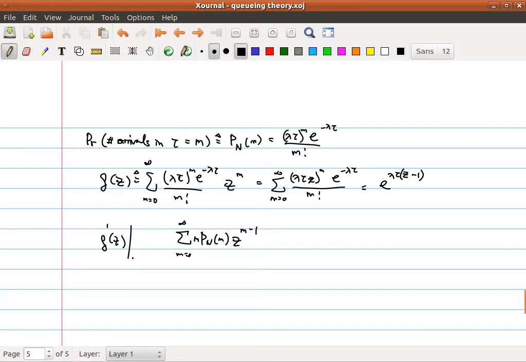Now if I set z equal to 1, then this is essentially just equal to the mean, the expectation of this random variable here. I use n here, but okay, let's just use n here.